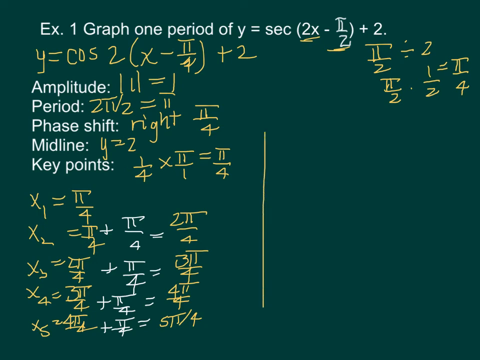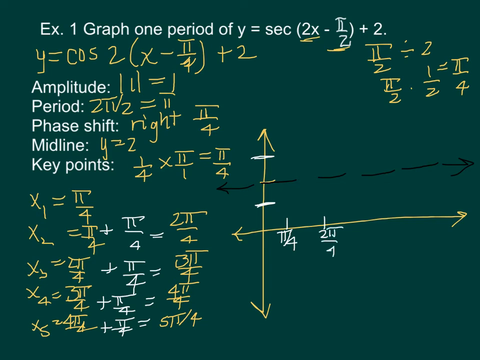Okay, so let's look at this graph. Remember, we have a midline. So this is your new 0. And since your amplitude is 1, we're only going up 1 and down 1 from your midline. And then your x coordinates are pi over 4, 2 pi over 4, 3 pi over 4, 4 pi over 4, and 5 pi over 4.